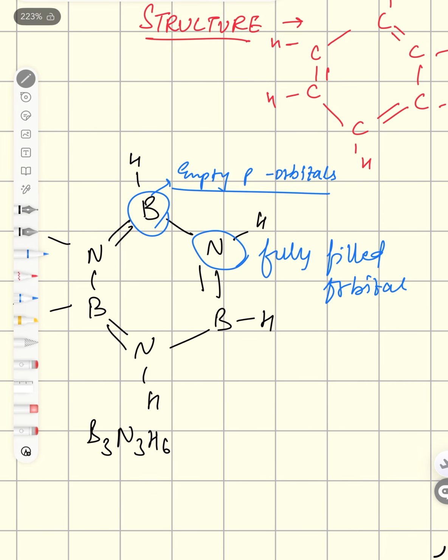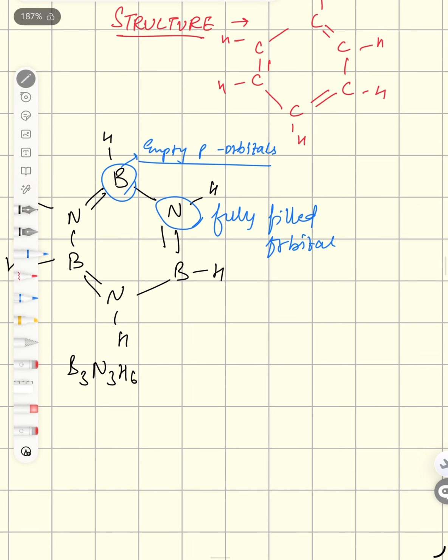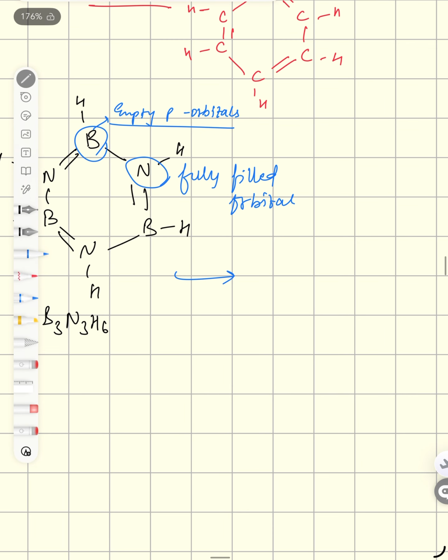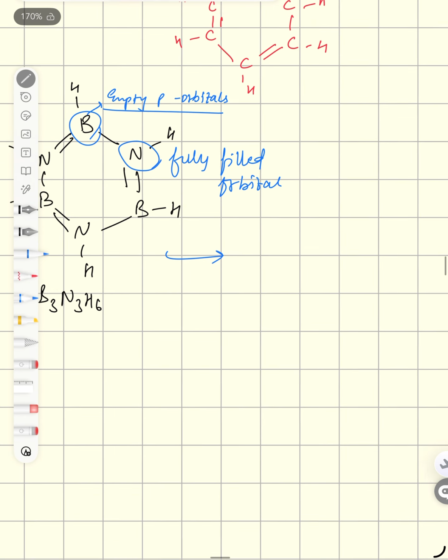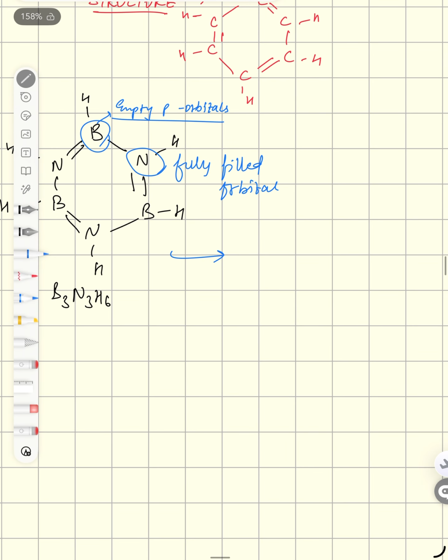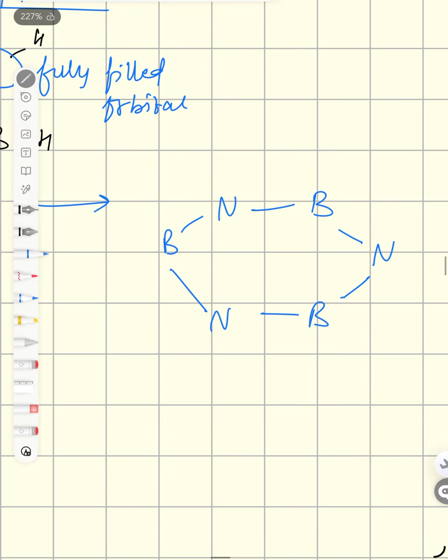Here, the specific term called dative is used. I'll explain how and why. Taking into consideration the orbital diagram, we have this structure, boron, nitrogen. If we invert it a bit, in the same plane, this is the general structure. We are not drawing hydrogen atoms for the sake of understanding.